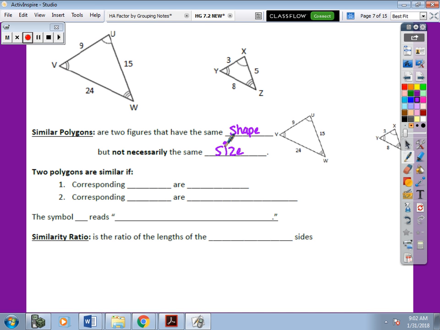Okay, why? Well, they still have to add up to 180 no matter if it's a small triangle or a big triangle. It's still 180. So the corresponding angles are congruent. So angle U corresponds to angle X, angle V to Y, and W to Z. But the corresponding sides are not congruent.